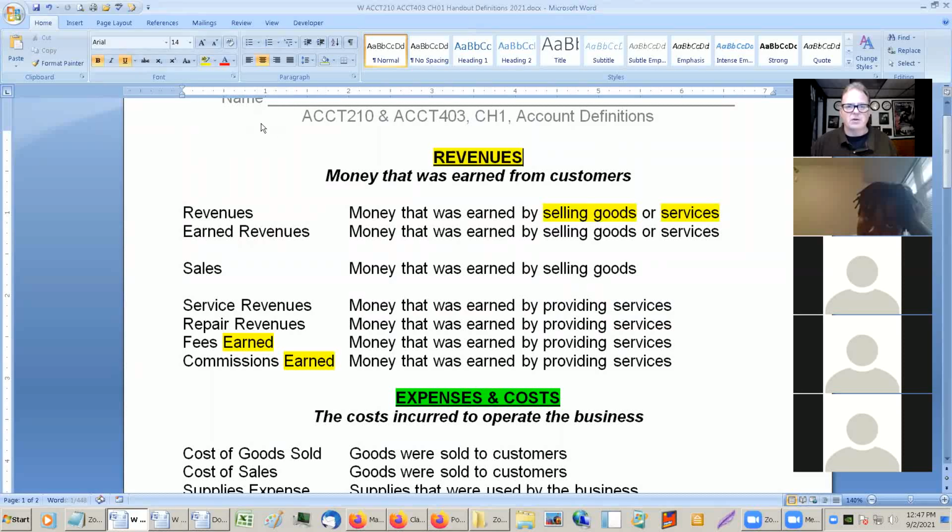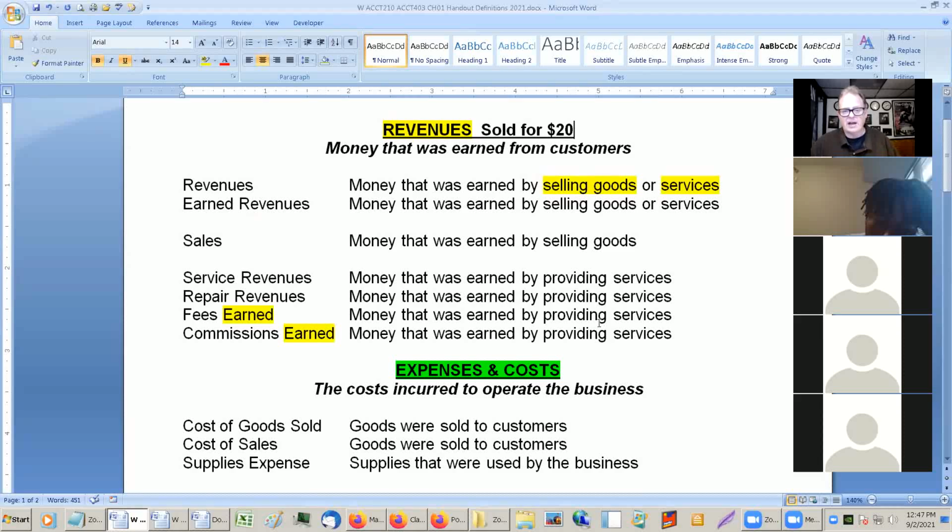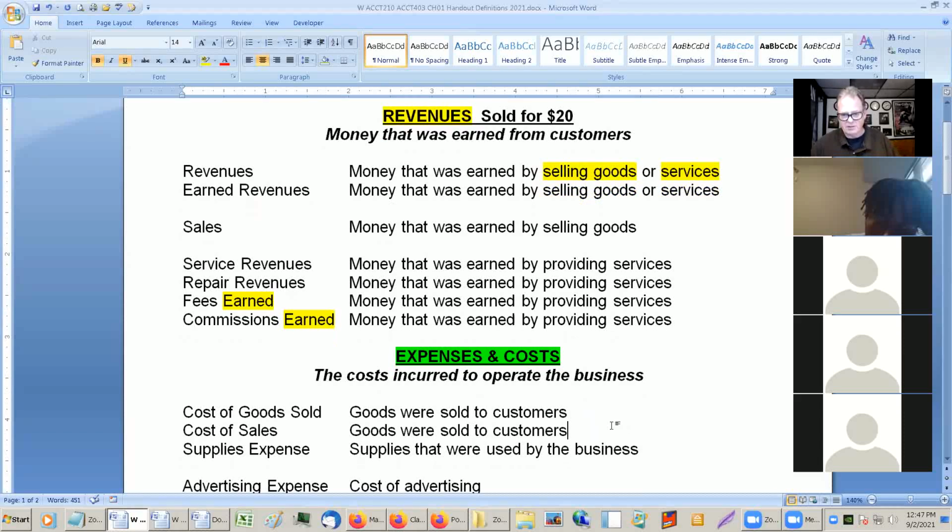Right, so let's make it a more concrete example. Let's say that we sold this thing for, let's make up the number, $20. So we sold it for $20, but maybe the cost of it was, let's make up a number, 12.